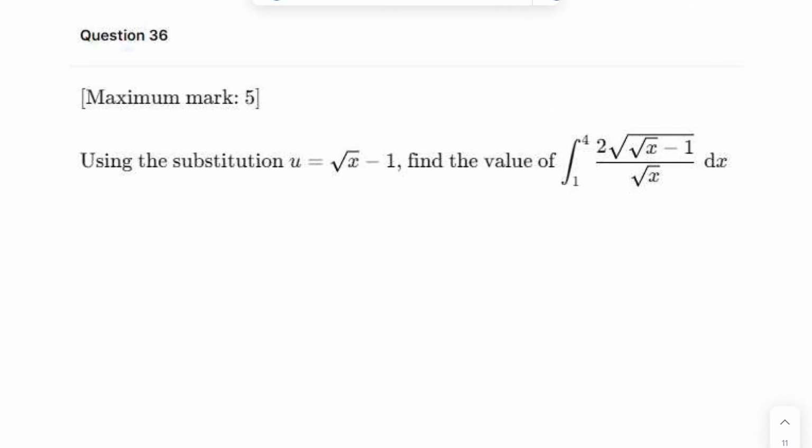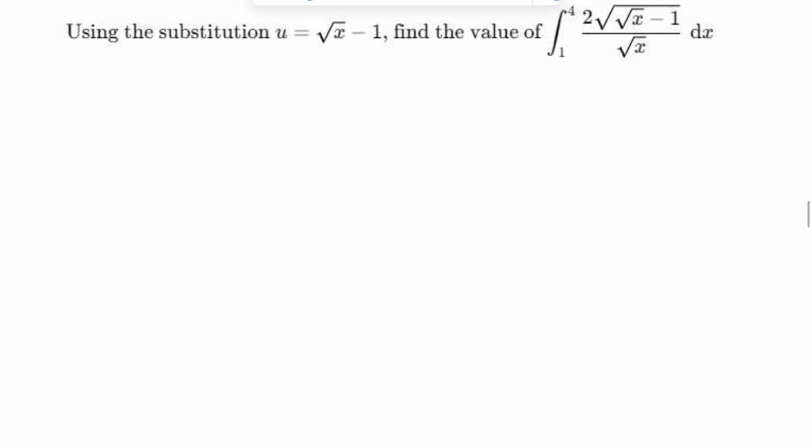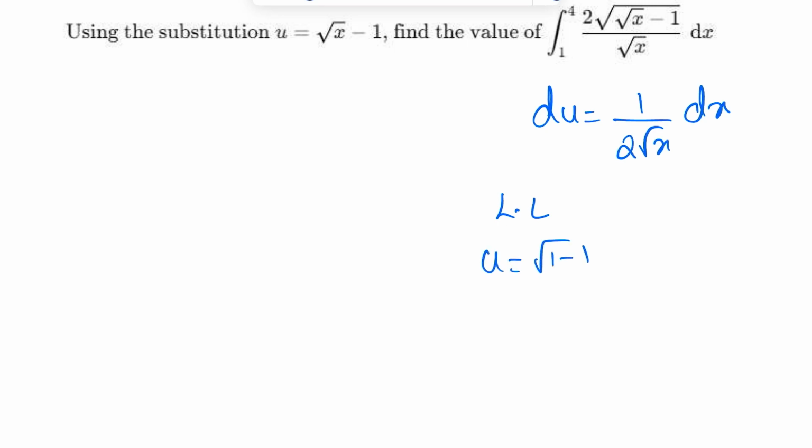Now in the next question, question number 35, he's saying use the substitution u equals square root of x minus 1. So du equals 1 upon 2 square root x dx. Then the lower limit is square root of 1 minus 1, which is 0. The upper limit is square root of 4 minus 1, which is 1.